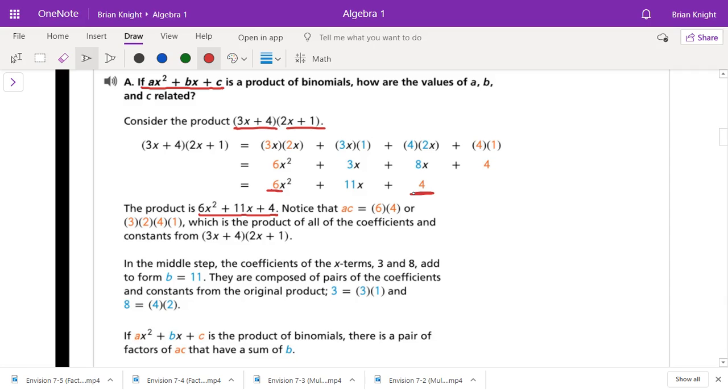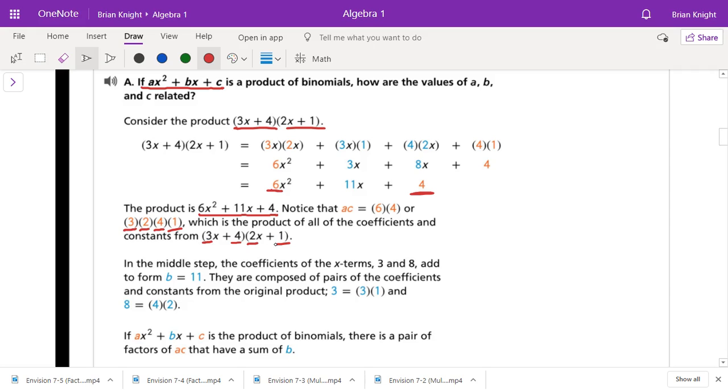It says, notice that a times c, or 6 times 4, which is 3 times 2 times 4 times 1, is the product of all the coefficients and the constants from 3x plus 4 times 2x plus 1. So basically, they just took all those numbers and multiplied them together. That's the same as these two numbers multiplied together. You got me? And it always will be.